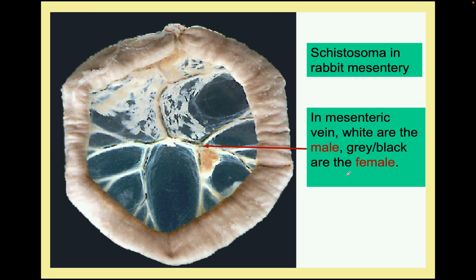And this is a picture showing a rabbit infection. So this is the animal model in the rabbit. This is a mesentery. In the middle, you can see the mesenteric veins.